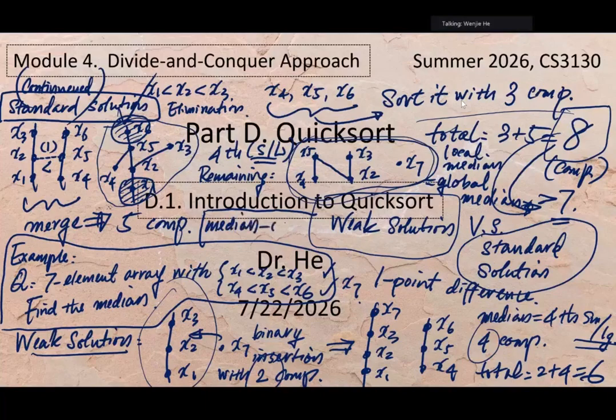Let us apply this median of 5 result. Given 5 elements, to find a median, we need 6 comparisons. That's our result. Now we know how to do those 6 comparisons.